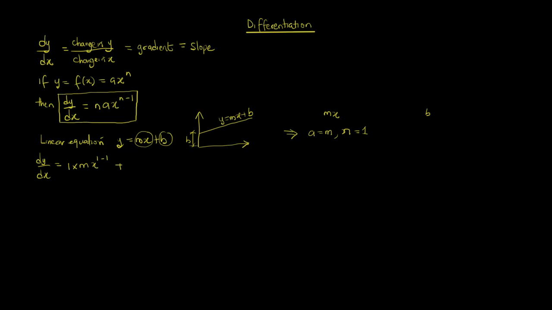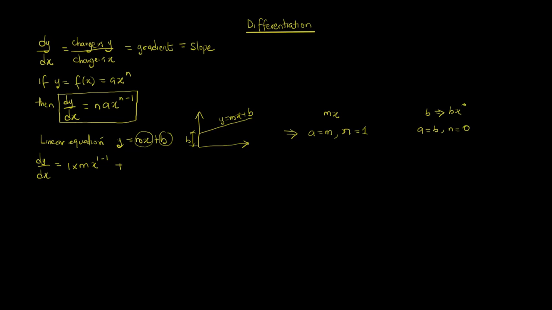Of course, b is the same thing as saying it's b x raised to the power 0. All right, very good. So that means my a in this case is going to be my b, and my n in this case is going to be 0. So let's try it out now.